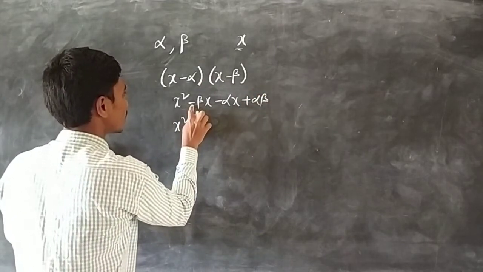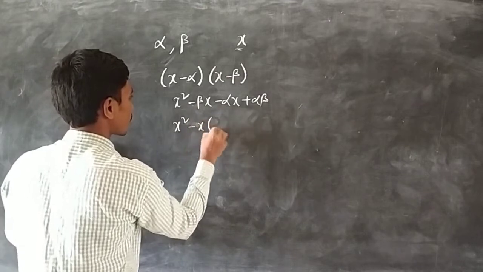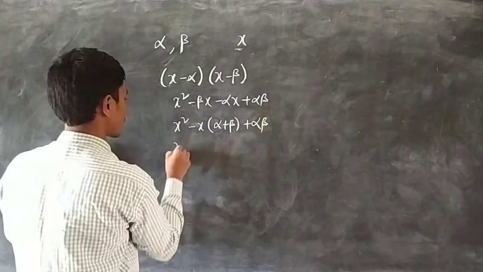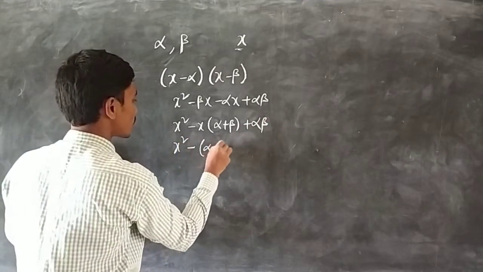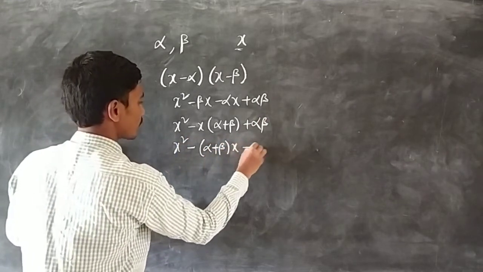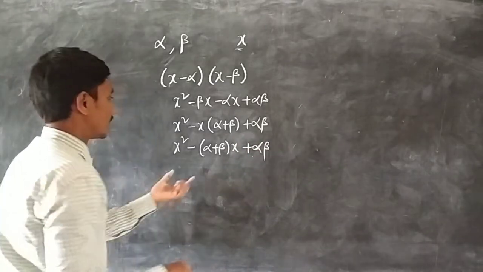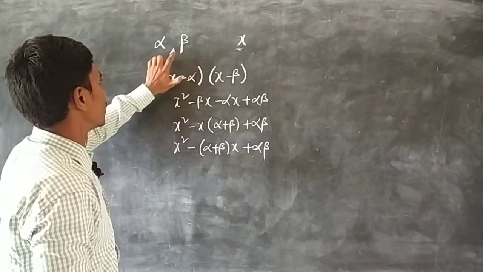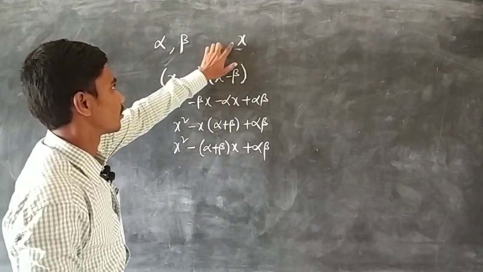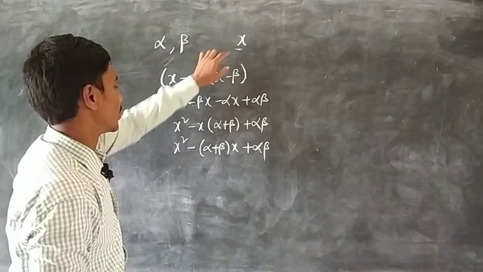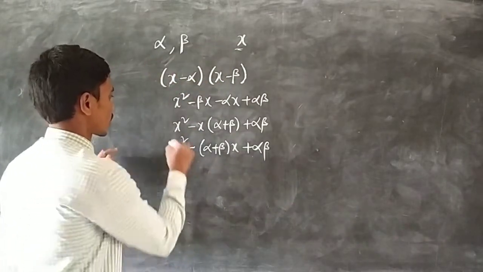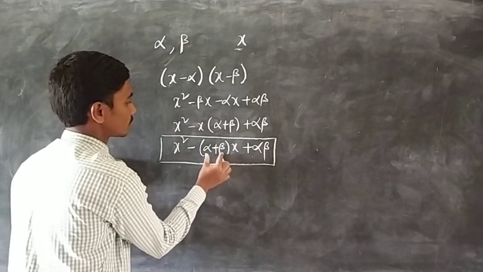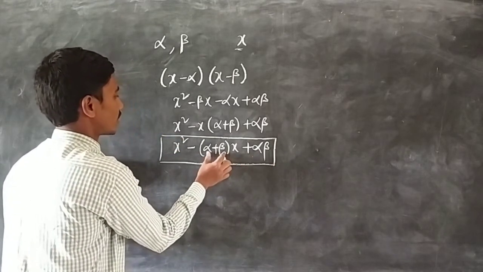If you take minus x as a common term, alpha plus beta is the sum. So x square minus alpha plus beta into x plus alpha beta. It is the general form when you know alpha beta are the zeros. By using alpha beta you can construct the quadratic polynomial. If you know the product of the roots and the sum of the roots, you can easily write the quadratic polynomial.